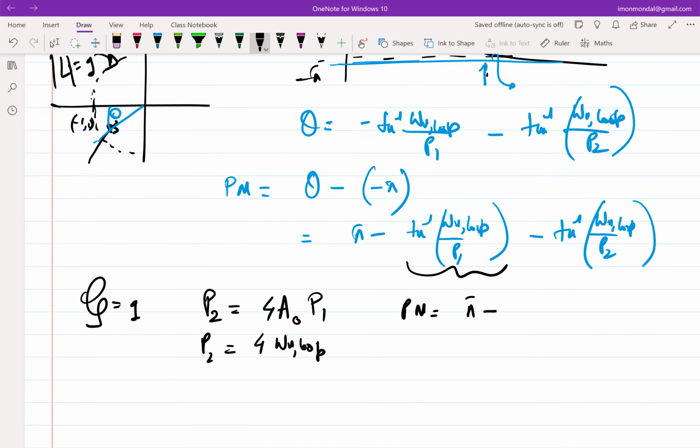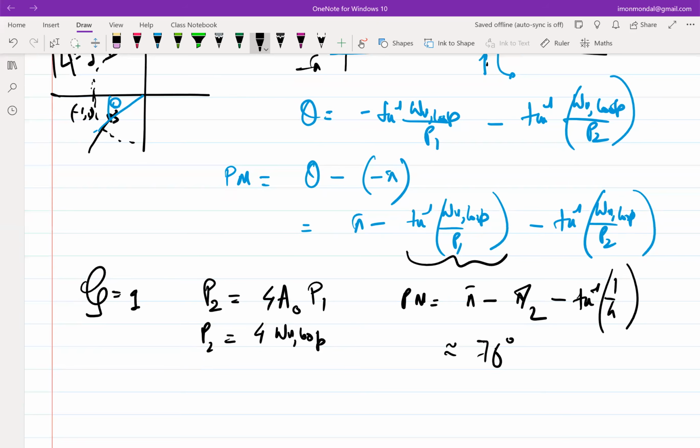So if that is very high, what can I comment on tan inverse of that? So this is 90 degrees. Minus tan inverse, whatever is this, omega u loop over P2 is what? 1 over 4. So this comes out to be approximately 76 degree. If you do the math, this is 75 point something, right? So approximately 76 degree.